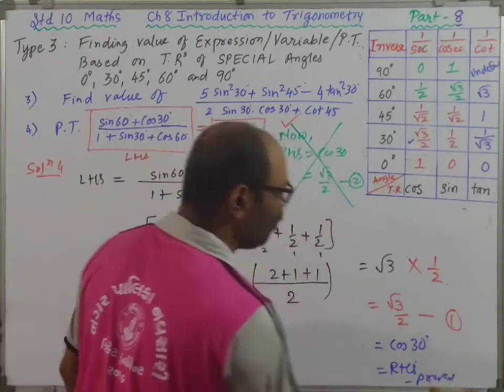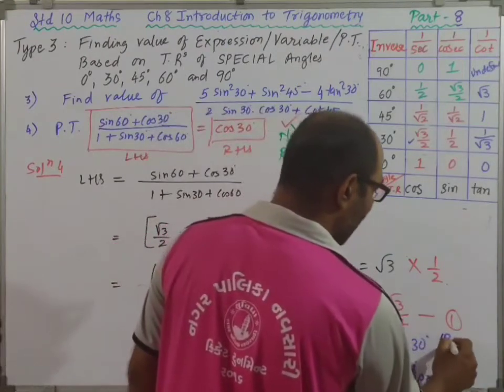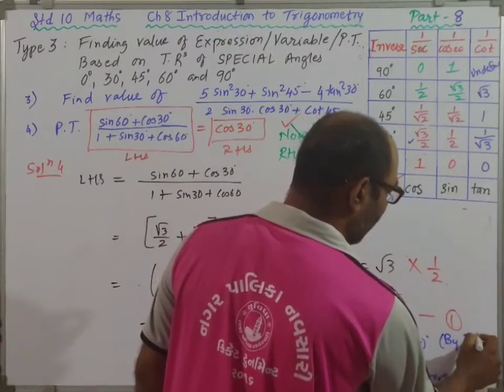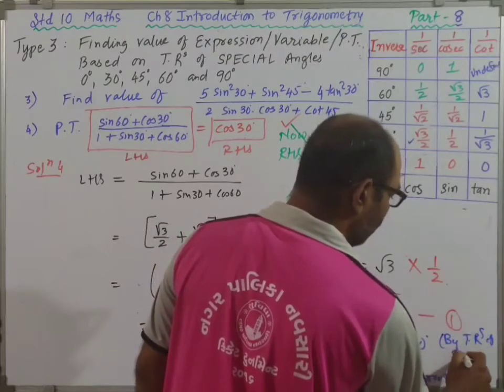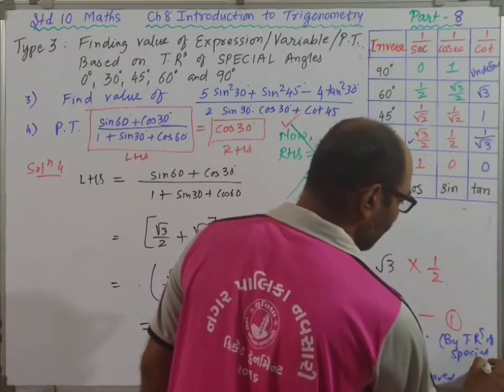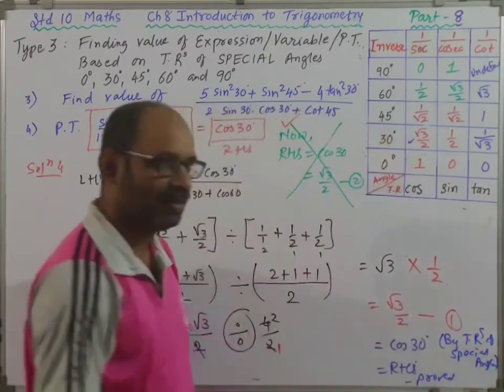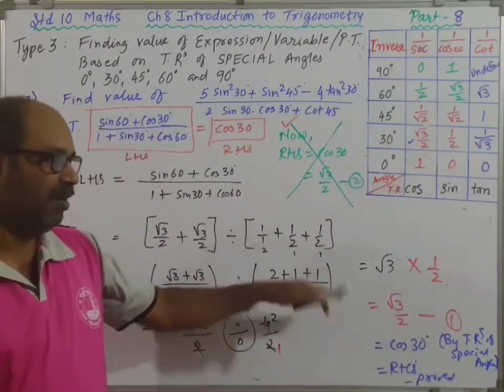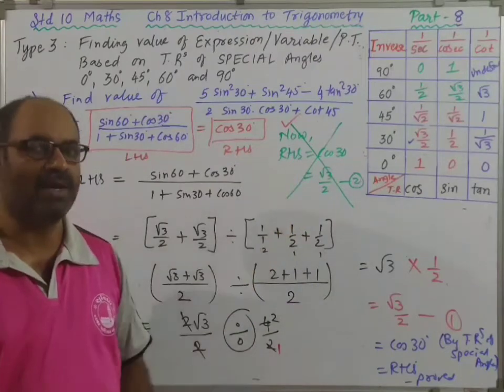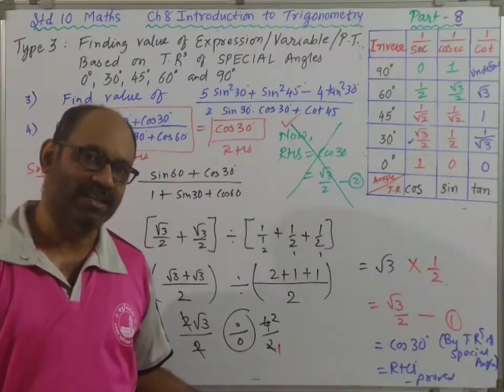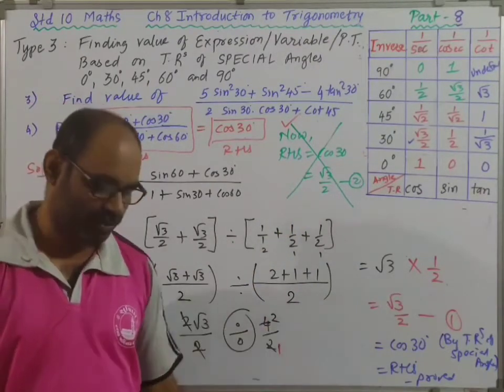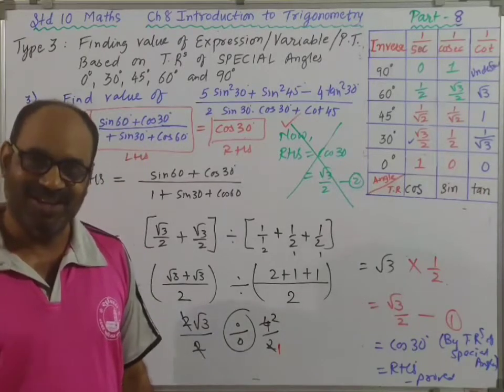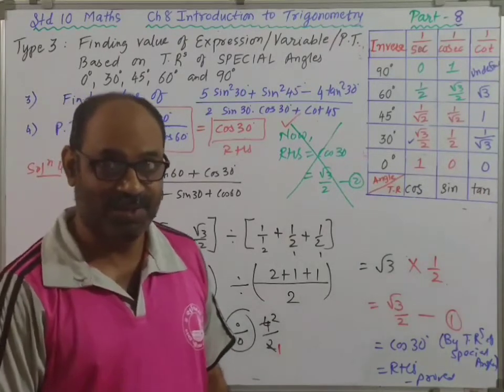Here, by trigonometric ratios of special angles. That is what you can write. Anyway, if you want to say result 1 and 2, by 1 and 2 it follows that left hand side is equal to right hand side. Proved. Clear to you? I hope you have understood.